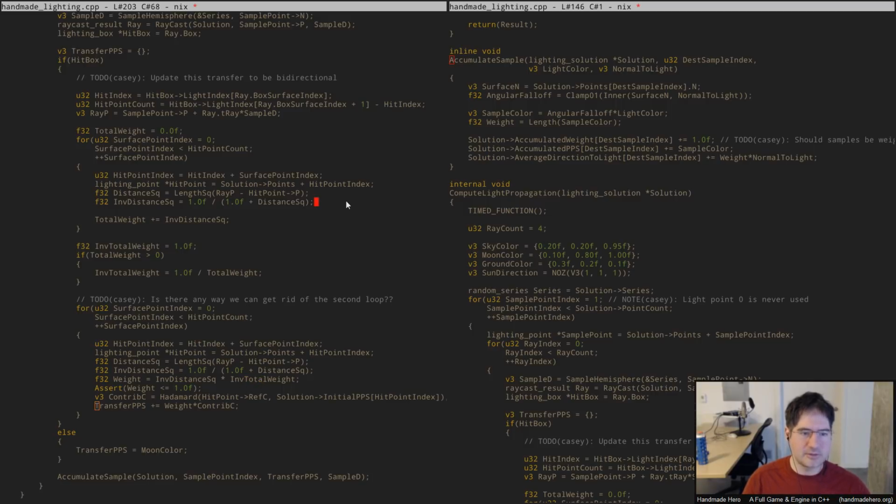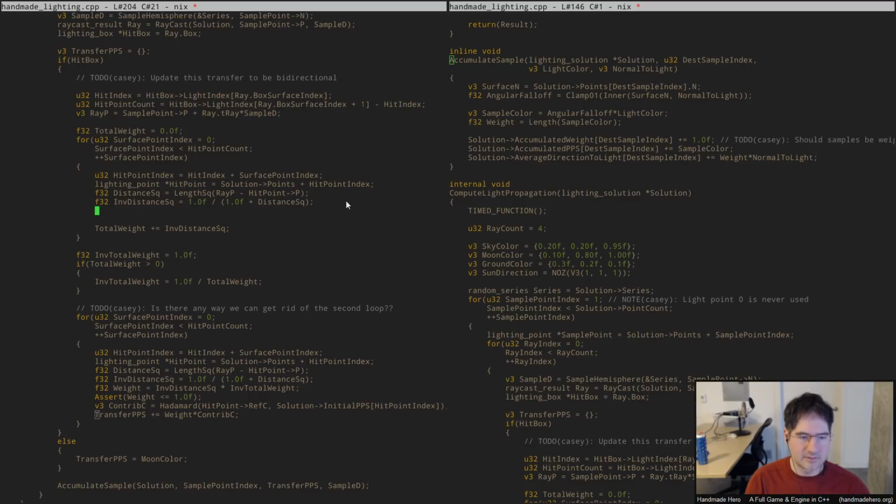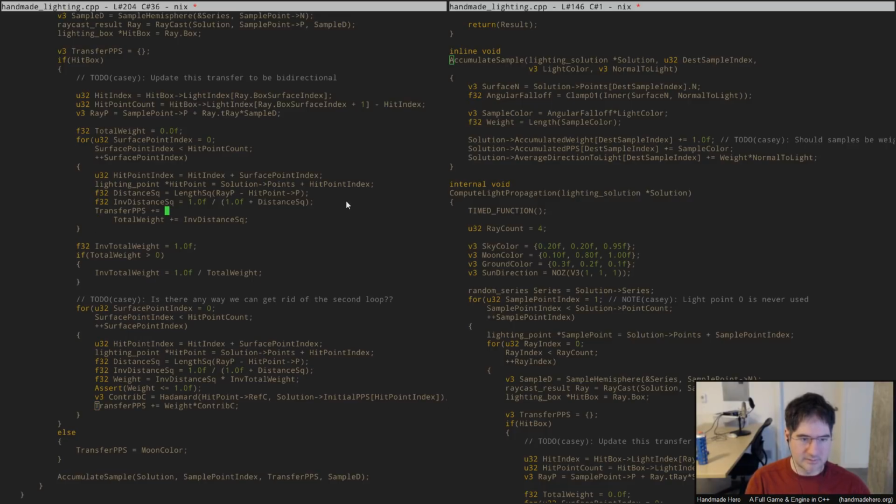So what we should be able to do here is say that the transfer PPS gets summed directly, right? I mean, I don't see why not.